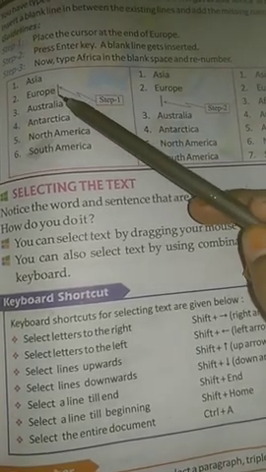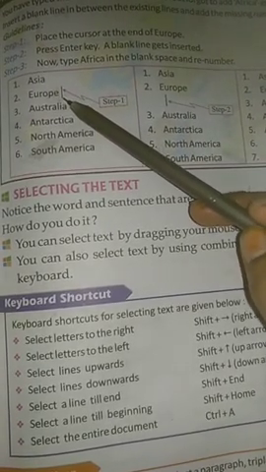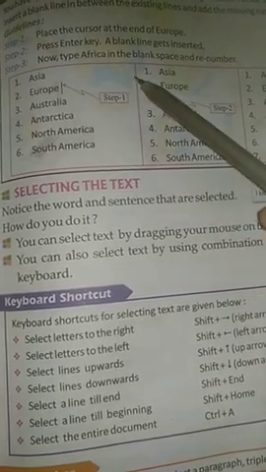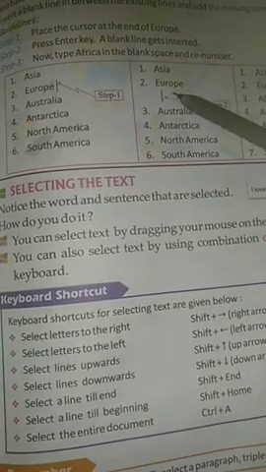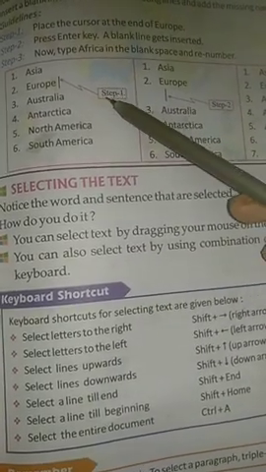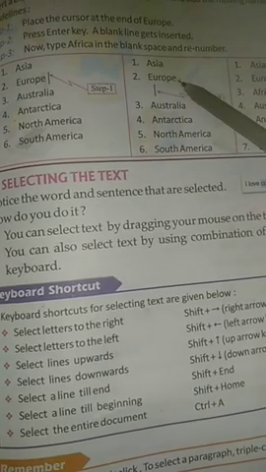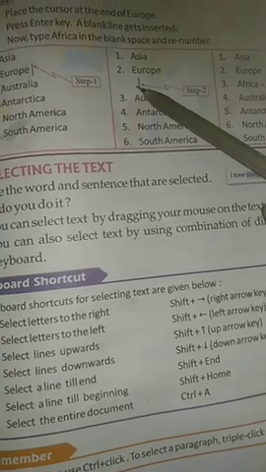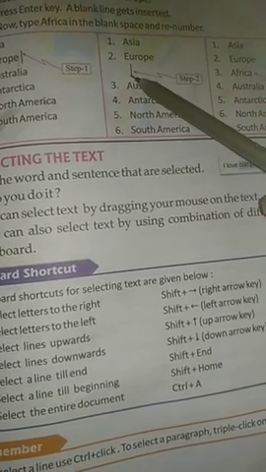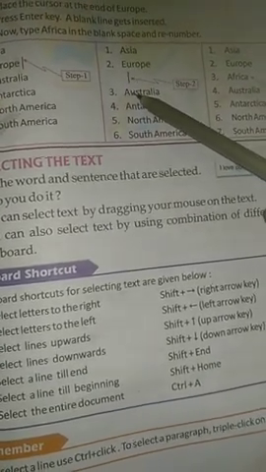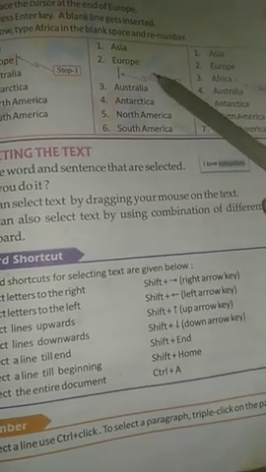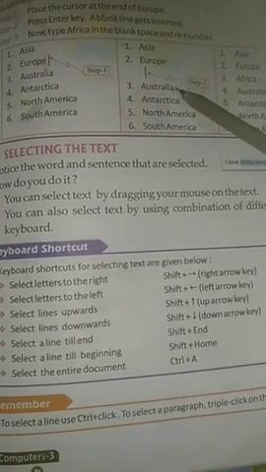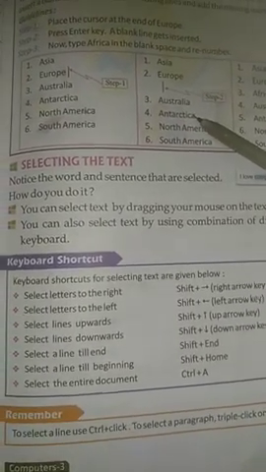So first you have to put the cursor here. If you need a blank line after Europe, then your cursor will be here, then press the Enter key, the cursor will come here, and if you press again, then the cursor moves down. So likewise you can insert a new line.